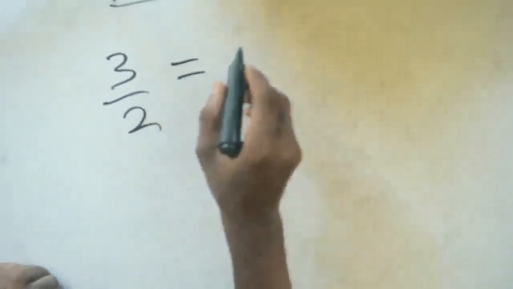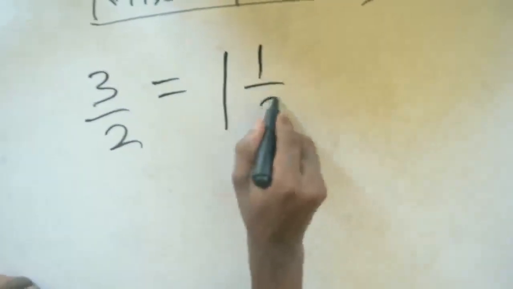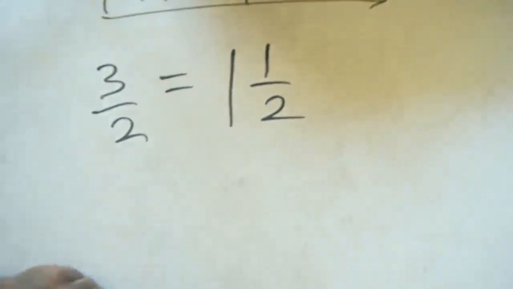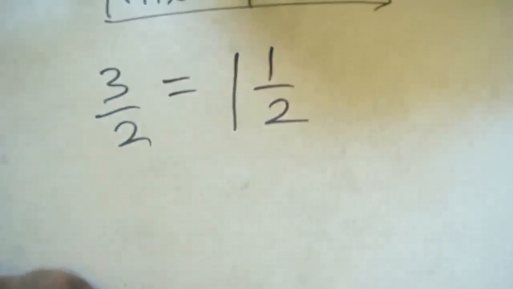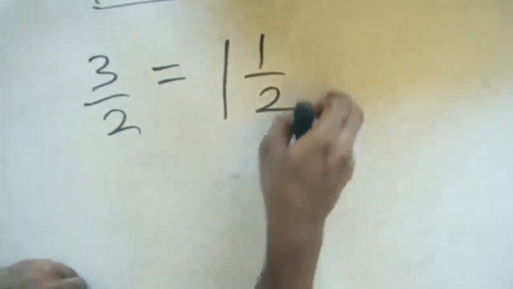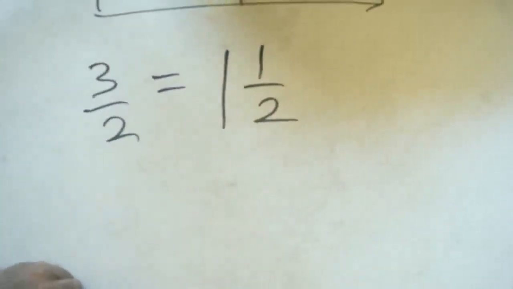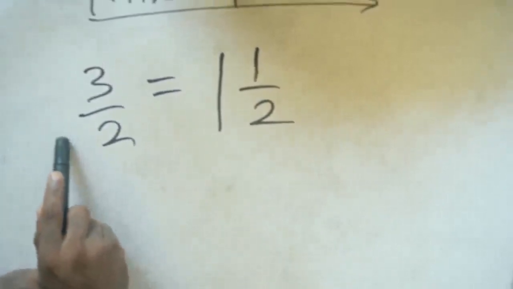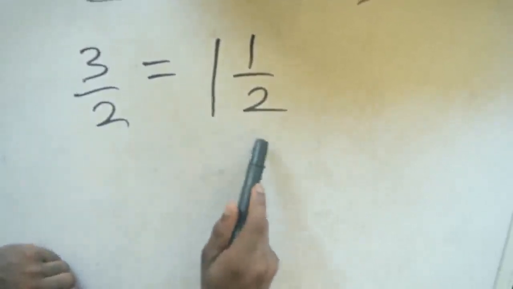It's the same thing as 1 whole number 1/2. You begin to wonder, how would this be equal to this? This is perfectly equal to this, even though they occur in different forms. In this form, it is known as an improper fraction. In this form, it is known as a mixed fraction.